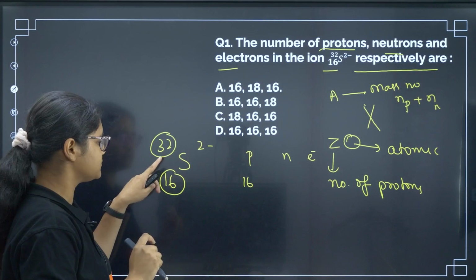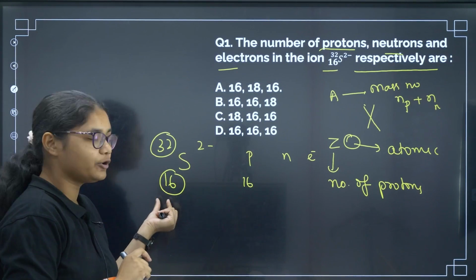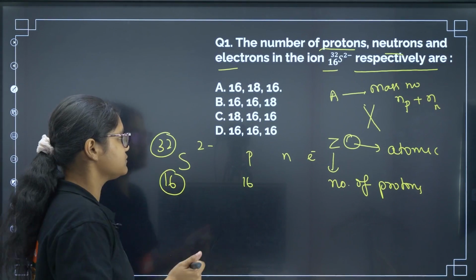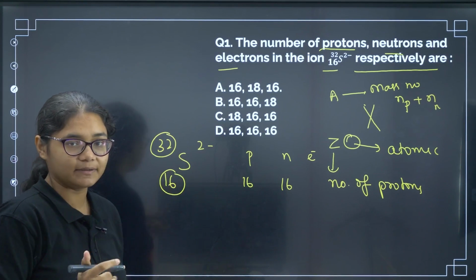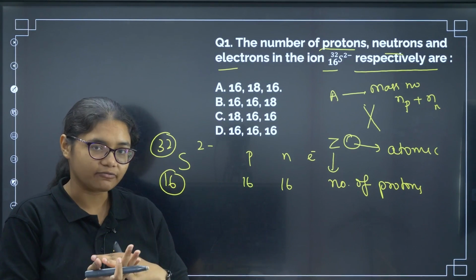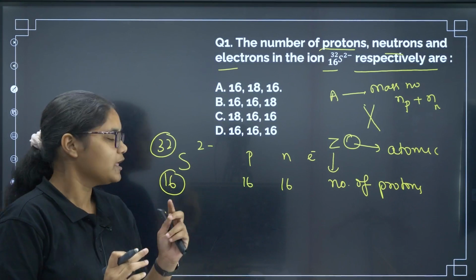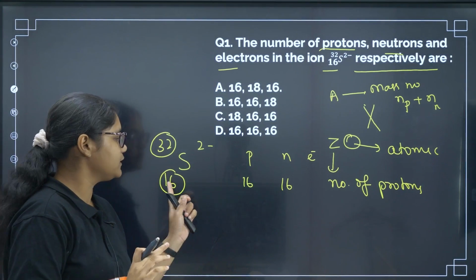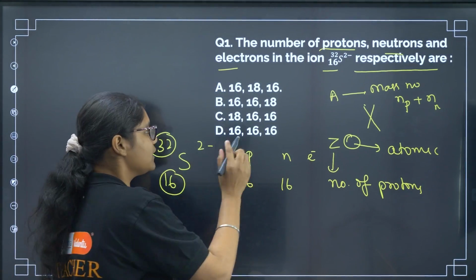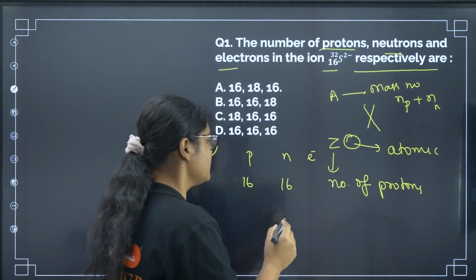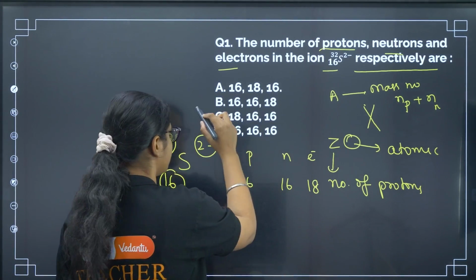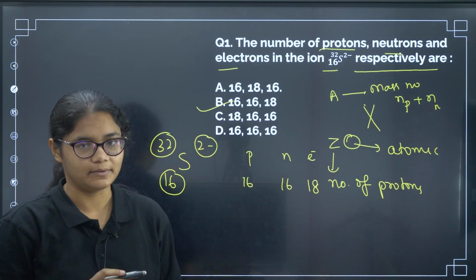So if neutrons plus protons is 32 and protons itself is 16, then neutrons will also be 16. Then electrons: generally in a neutral atom, the number of electrons and number of protons are similar, so it should be the same. So 16 electrons should be there. But here we find 2 minus charge, so an additional 2 electrons are there. So 16, 16 and 18. So the correct answer for this question will be option number B.